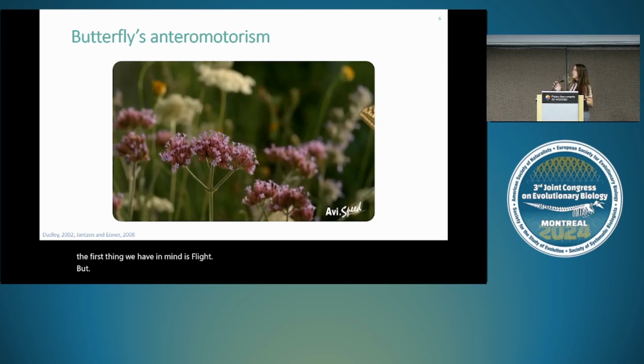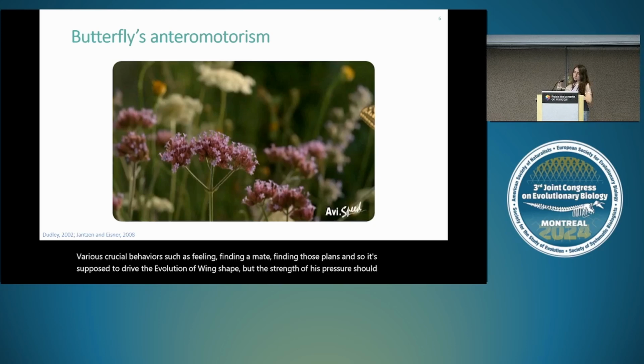In butterflies, flight is involved in various crucial behaviors, such as feeding, finding a mate, finding host plants. And so it is supposed to drive the evolution of wing shape. But the strength of this pressure should vary among wing parts.